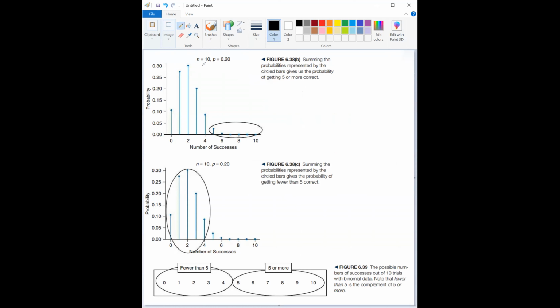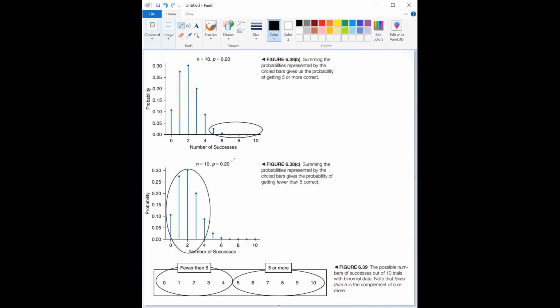That's 10 times you're picking cards, with a 20% probability that you get it correct. This is what the distribution looks like. And then we can go through, and 5 or more would be, there's 5, there's the probability for 5, there's 6, 7, 8, 9, 10, and you add all of those up, and you end up getting, I think it was like 3.3%.